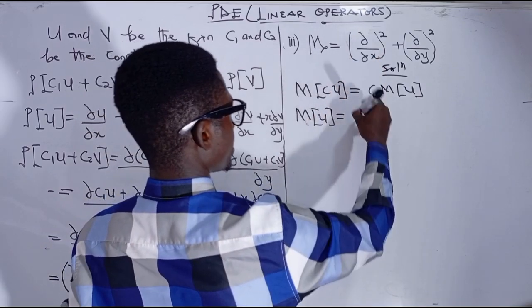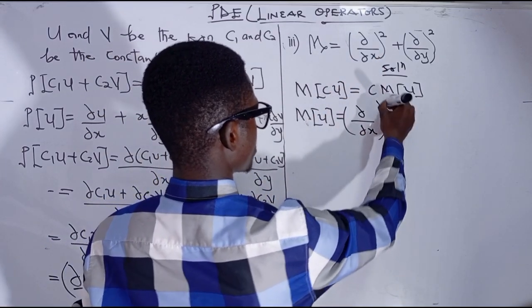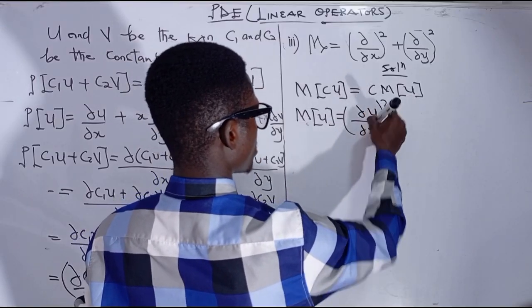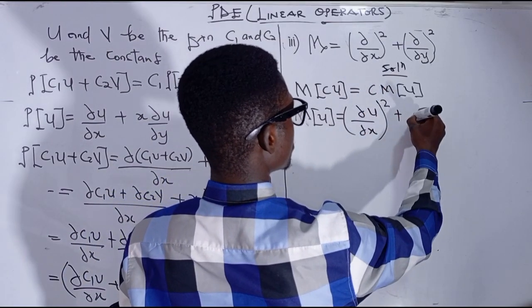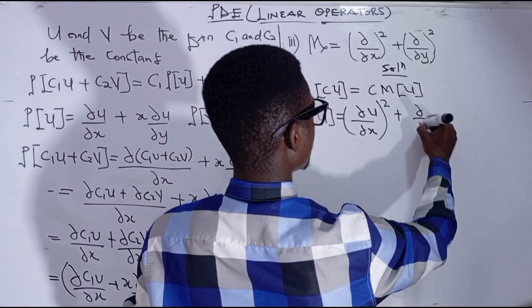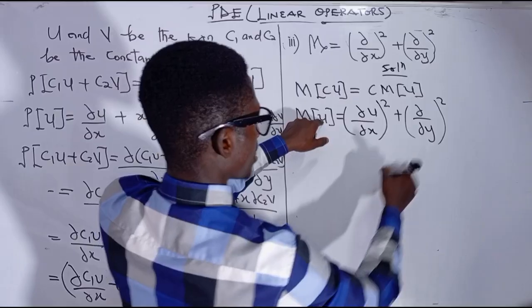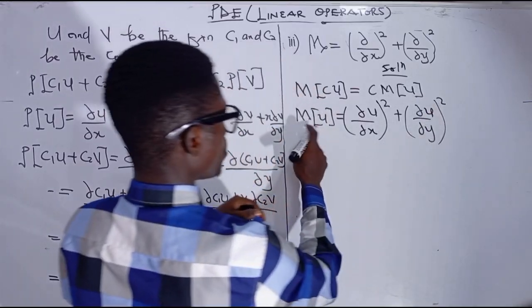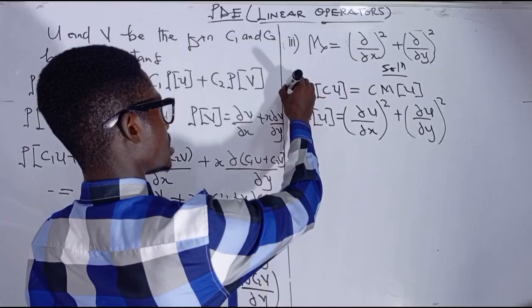Our M is del x all squared. Then we attach our function to it. Then we have plus del y, all of this squared. We attach our function to it. So that is M operating on U. Then we move on to the first condition.